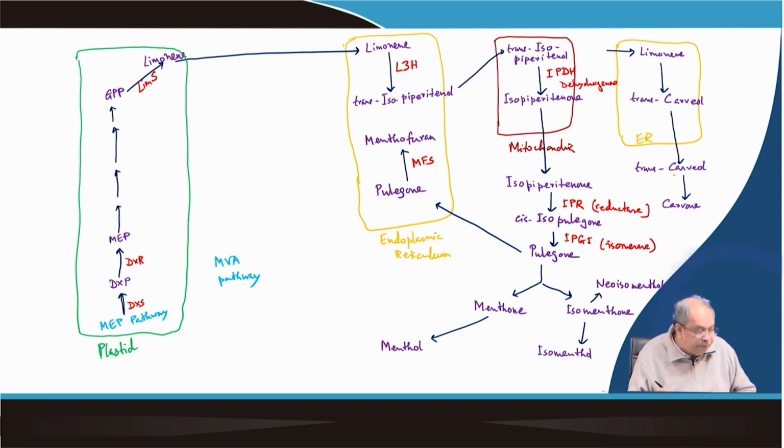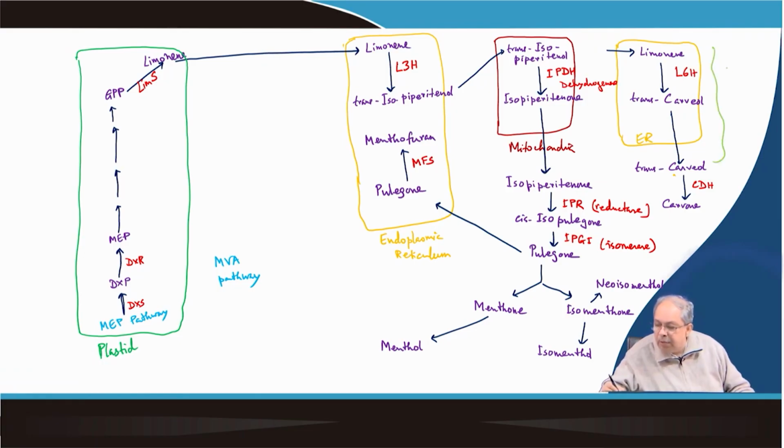So, the enzyme is limonene 6-hydroxylase, here L6H, and then there is CDH, trans-carveol dehydrogenase, which converts trans-carveol to carvone. So, these two are the major enzymes converting limonene into carvone, and this one particularly you will find in that species. What is that? Which is Mentha spicata.